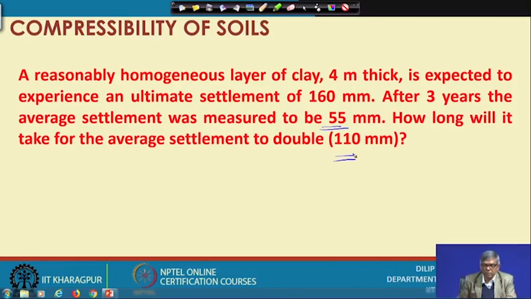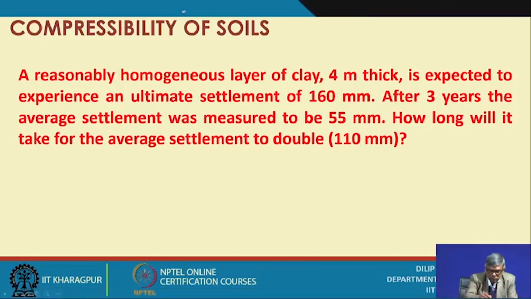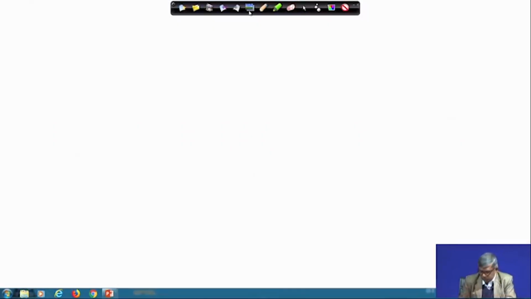We will see how to do this. So, delta ultimate equals 160 millimeter, and delta t, that means at time t, it is 55 millimeter. How much time? It is 3 years.